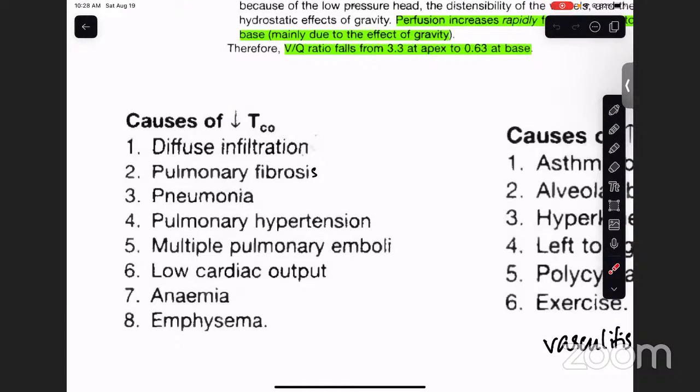It's very simple. Pneumonia also has alveolar edema and reduced gas exchange. In pulmonary hypertension, there is reduced blood flow from the pulmonary artery, so reduced plasma volume and reduced TLCO. Also, pulmonary embolism has a similar mechanism, and low cardiac output has a similar mechanism, anemia as well, and emphysema.